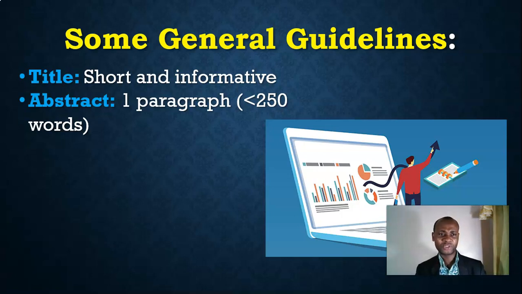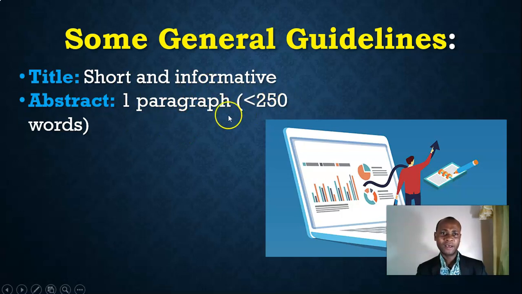In that journal, the abstract is not written as one paragraph but with subheadings. You have to indicate the introduction, the purpose, the method, the results, and then the conclusion. So this is also dependent on the journal.